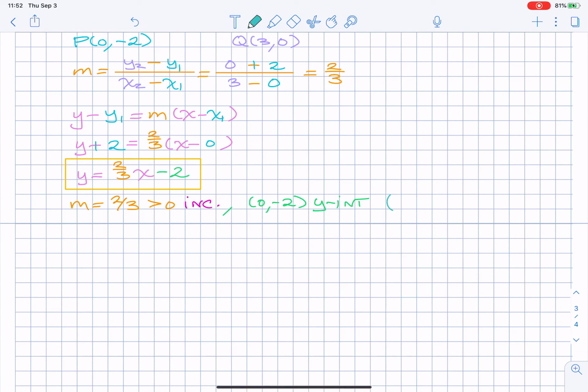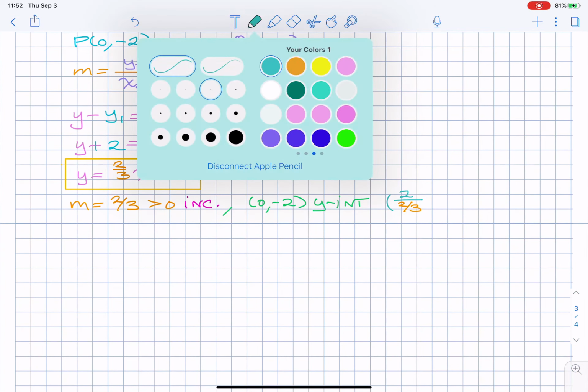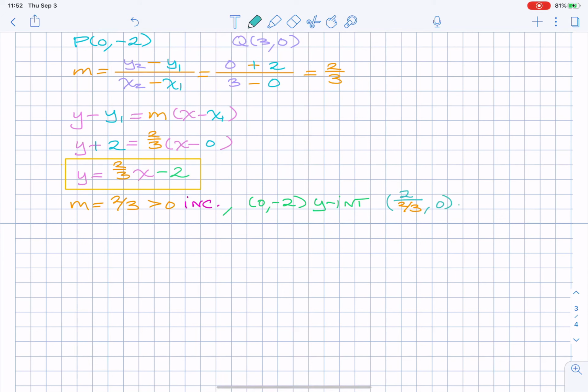And negative b over m, 0, simplifies to 3, 0 as my x-intercept, because I invert and multiply.